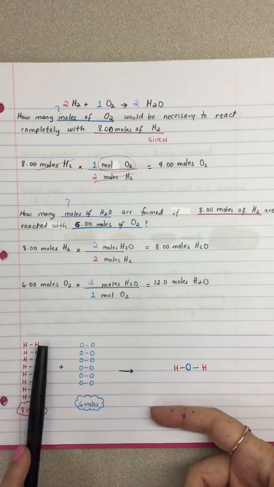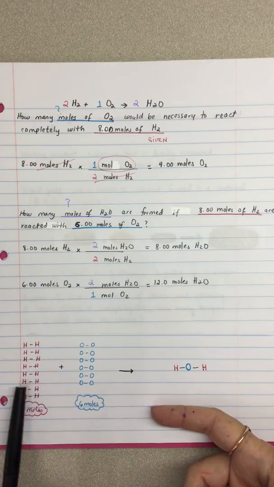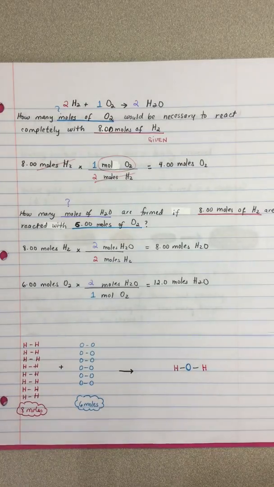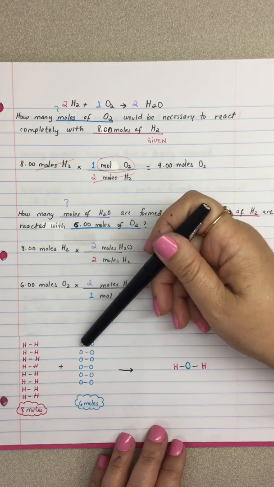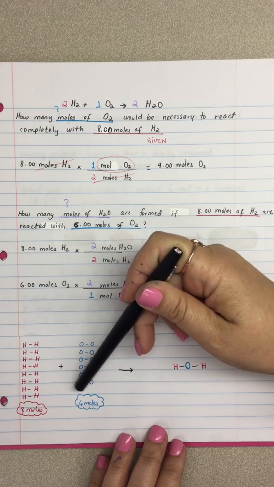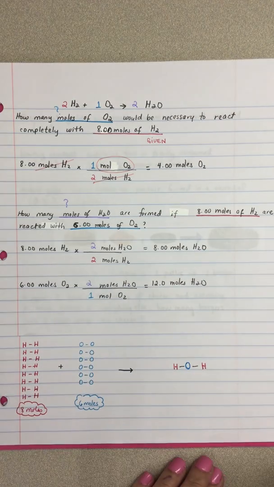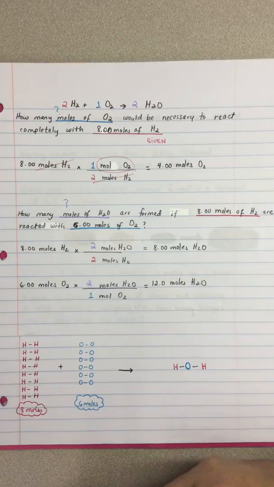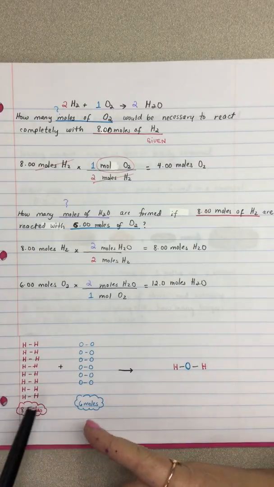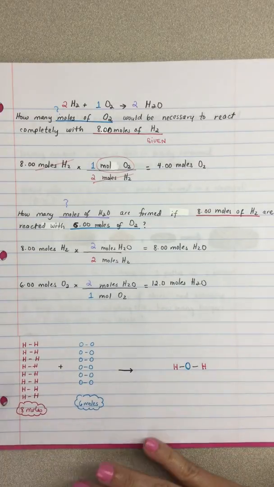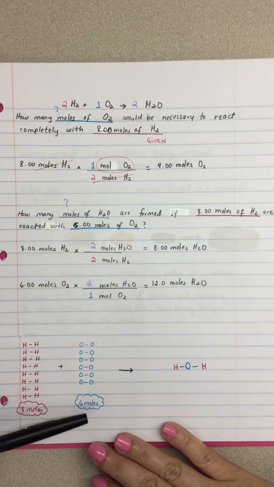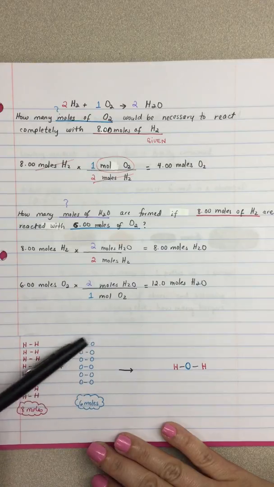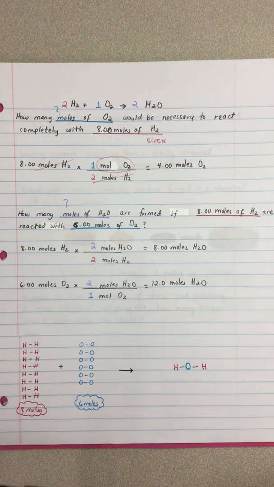This is H2, 1, 2, 3, 4, 5, 6, 7, 8 times. And you're given 6 moles of O2. So I have 1, 2, 3, 4, 5, 6 O2. So if you check your number of atoms for each individual reactant, 8 moles of H2, that's a total of 16 hydrogens, and then 6 moles of oxygen, that's a total of 12 oxygens.